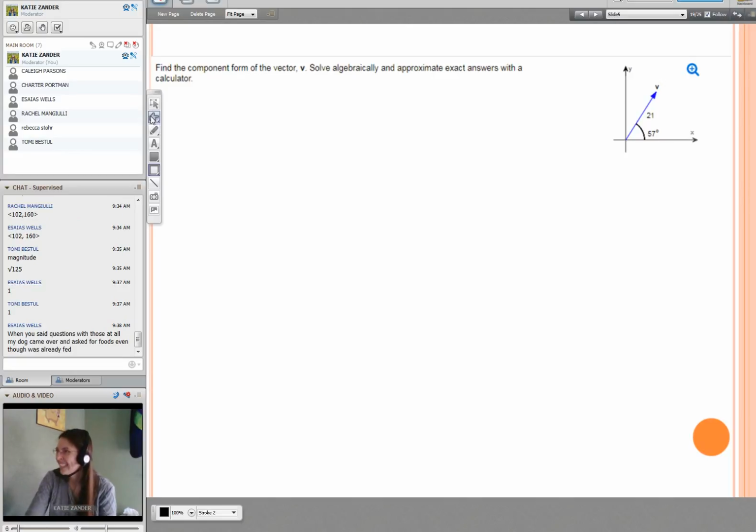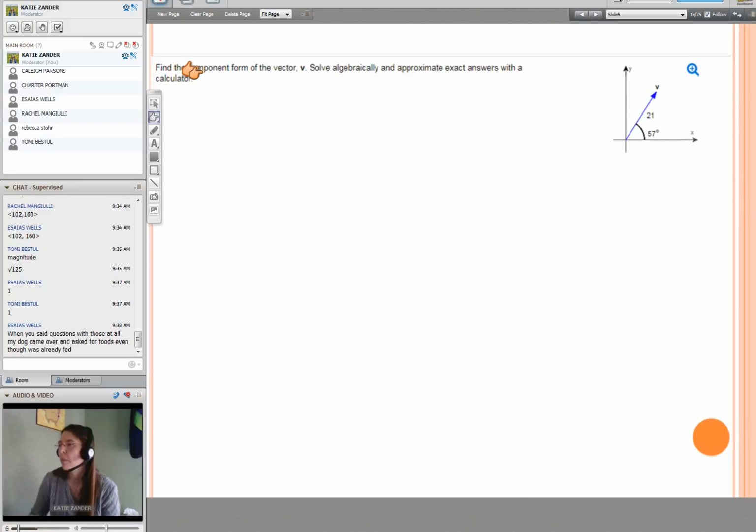Aw, how cute. All right, the next thing, and probably one of the last things we'll look at here today, is finding the component form of a vector if we are given the direction and the magnitude. So a lot of the times in 6.01, we had to refer to that formula of resolving the vector.